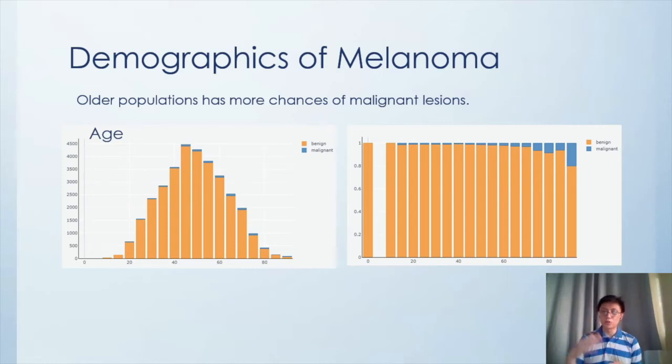So I give you also the normalized histogram on the right side, a 100% stacked bar chart. Now it is very obvious that for ages above 60 or even 50, there is a higher percentage of malignant lesions in these samples.